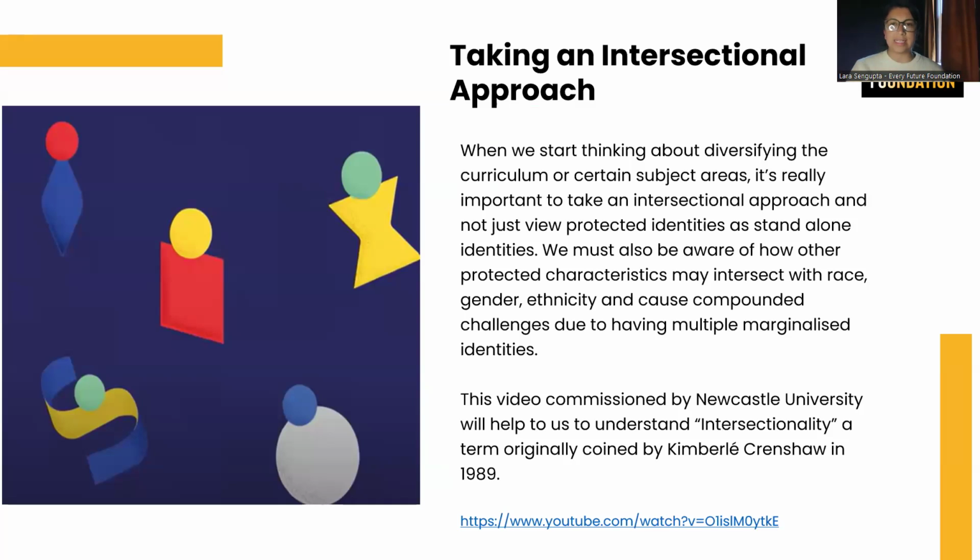So if you're standing at one intersection in a road, you basically have two rows of traffic that are likely to hit you. If you're standing at like a cross intersection, you have multiple cars and multiple lines of traffic that are likely to hit you. So having multiple identities, the frequency of being hit by microaggressions or by prejudice is increased, and also what that looks like can be different for everyone.